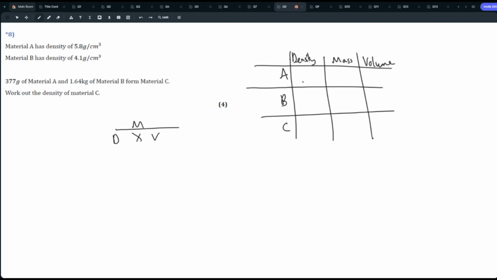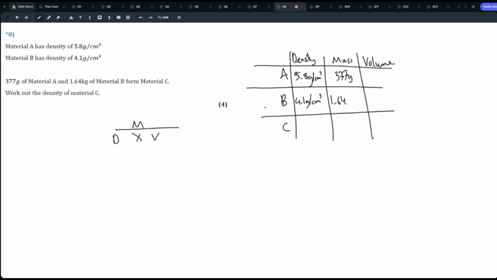We have density for A and B, so that's 5.8 grams per centimeter cubed and 4.1 grams per centimeter cubed. We have the mass of A is 377 g. We have the mass of B, which is 1.64 kg.